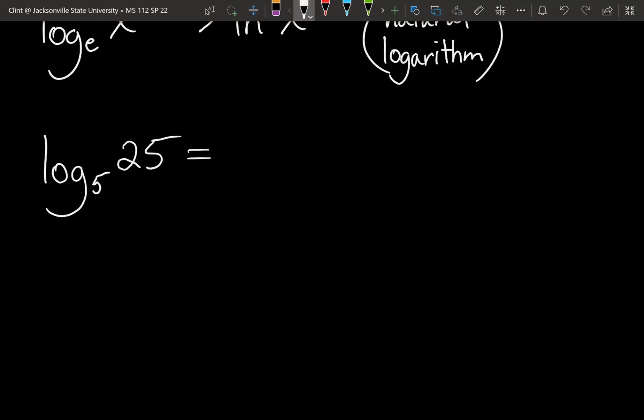Yeah, it's going to be 2, right? 5 squared gives us 25. So if we write that in exponential form, that would say 5 squared equals 25. Okay? So these two equations say the same thing.